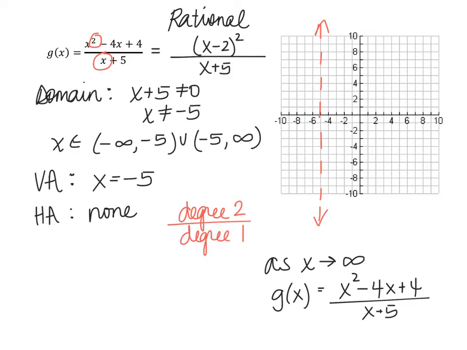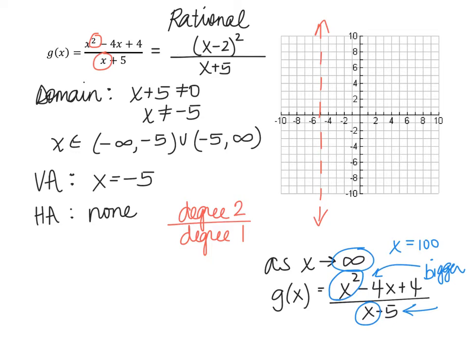If x is a very, very big number, letting x go to infinity, imagine if x were 100 or even 1,000. If we take a large number and we square it, we get a much larger number compared with the denominator that will just be x. So as x becomes a very big number, the numerator is going to be a much larger number compared to the denominator.